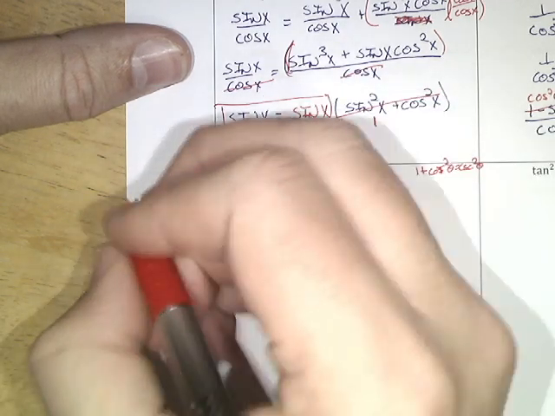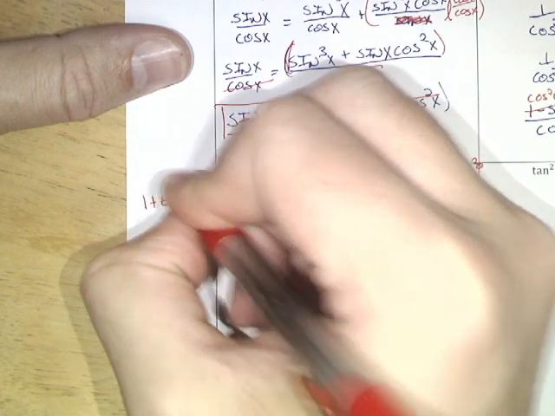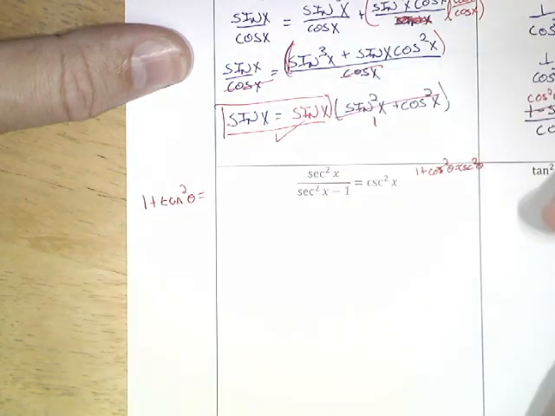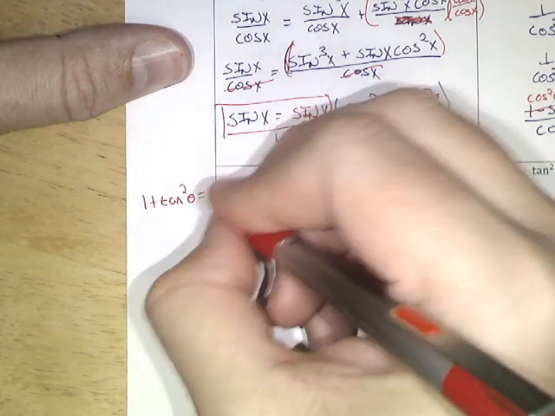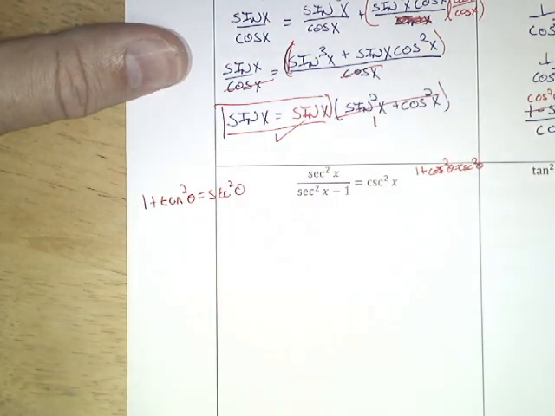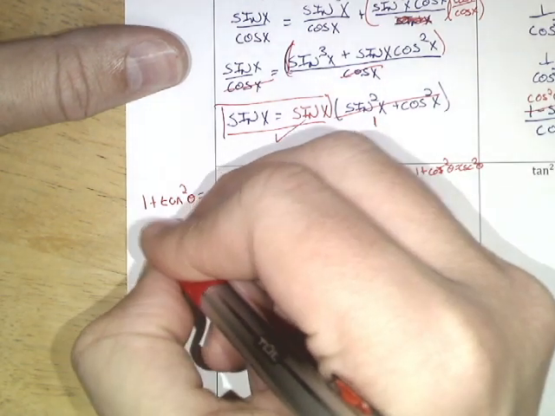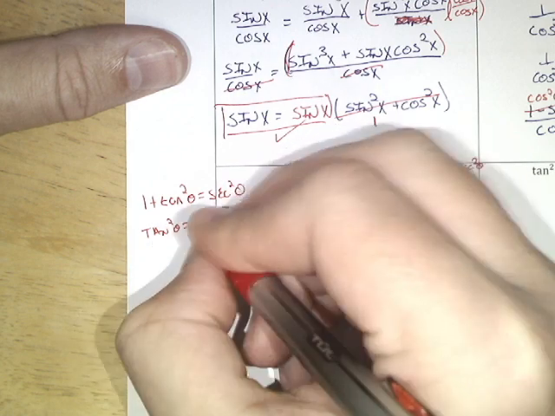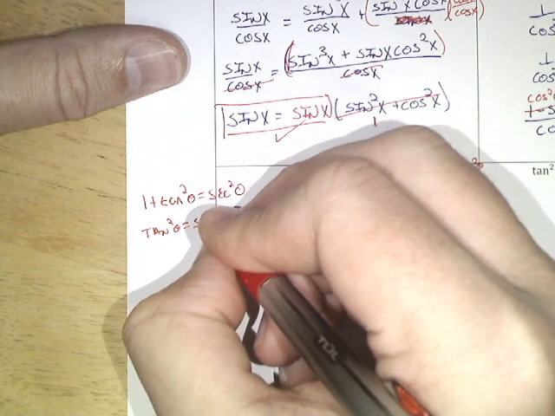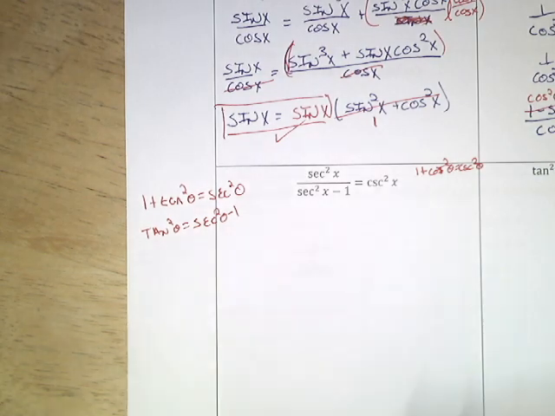It's 1 plus tangent squared theta is equal to secant squared theta. Which means that if I subtract 1 from both sides, tangent squared theta is equal to secant squared theta minus 1. Check your identity sheet.